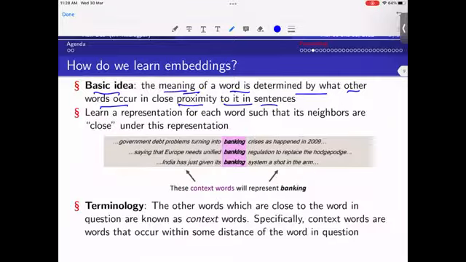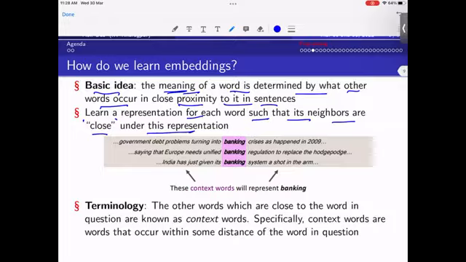By meaning here, you can say the representation will be determined by what words generally occur together with the word in question. So learn a representation for each word such that its neighbors are "close" under this representation. That is what we have been discussing for long, right?